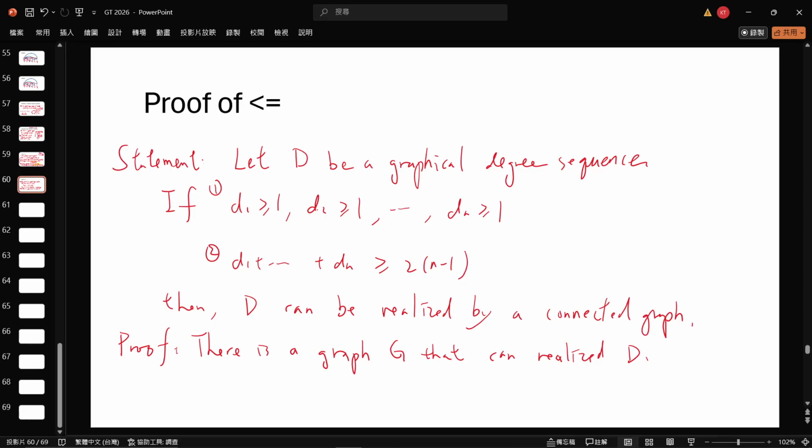So we only need to consider the case when G is not connected. Because if G is connected, the proof is just too trivial.